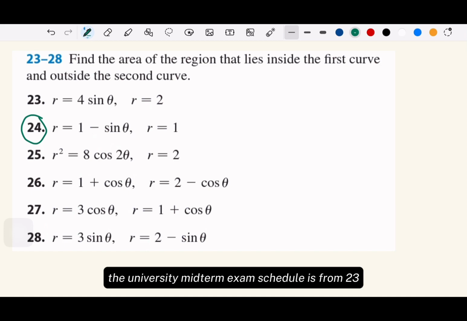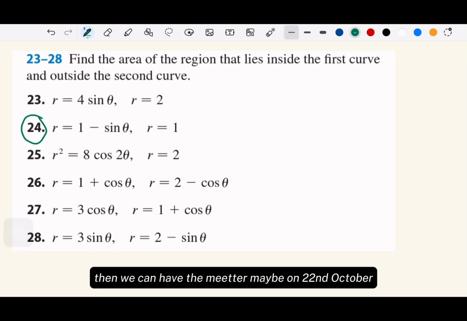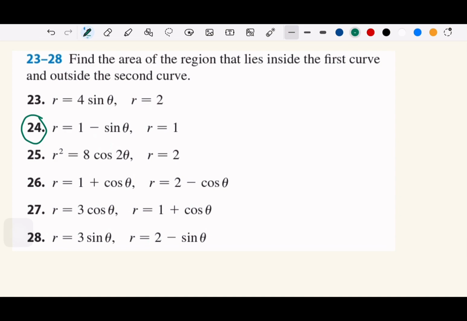The university midterm exam schedule is from 23 to 27 October. So if we can make it to at least chapter 11 or chapter 12, then we can have the midterm on October 22nd. If not, maybe one week after, which means the first week of November, our midterm exam.